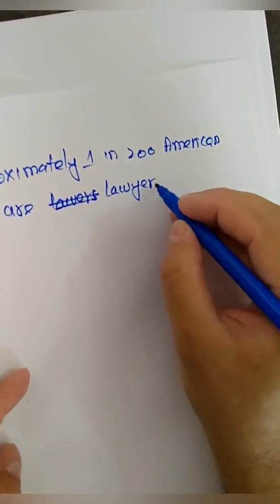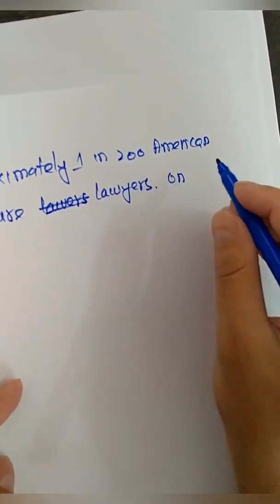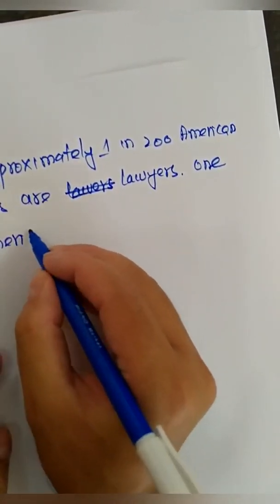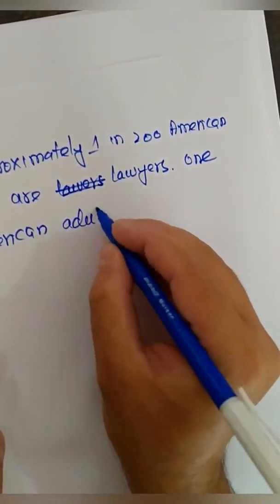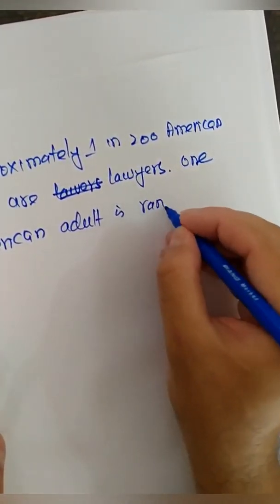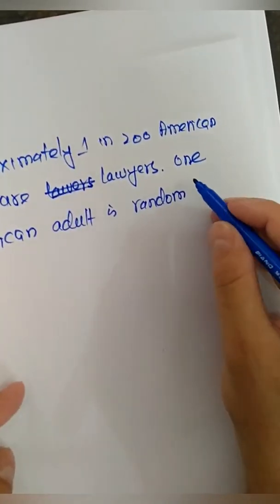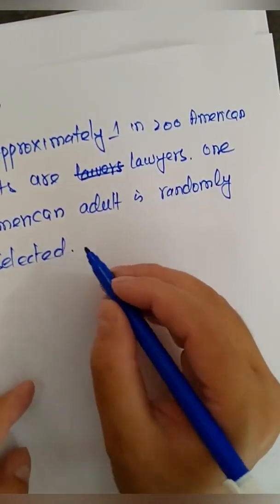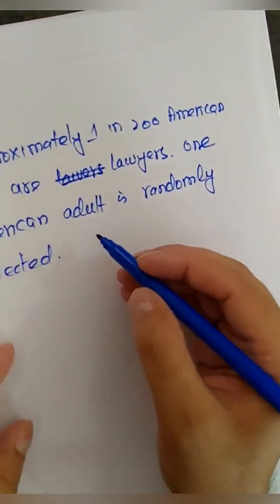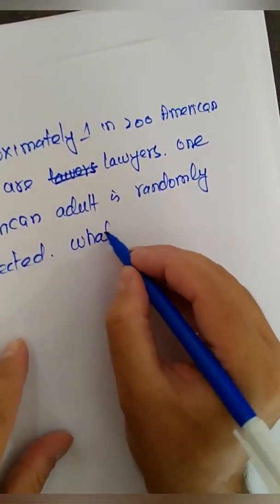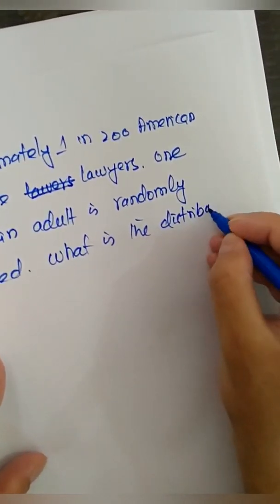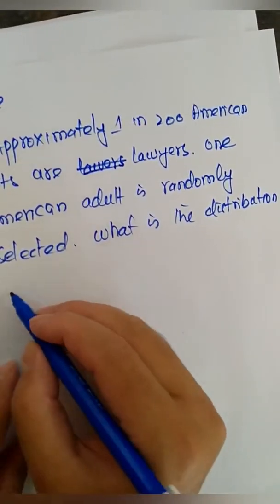So out of 200, one American is a lawyer. One American adult is randomly selected. What is the distribution of number of lawyers? We have to find the distribution of number of lawyers.